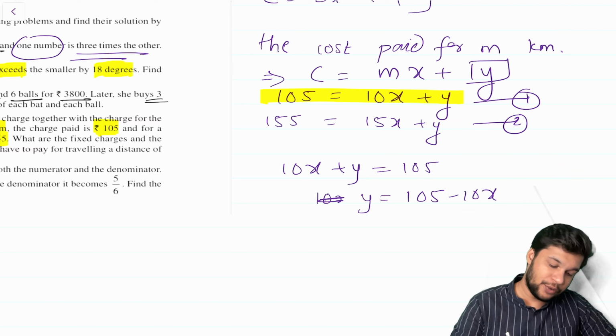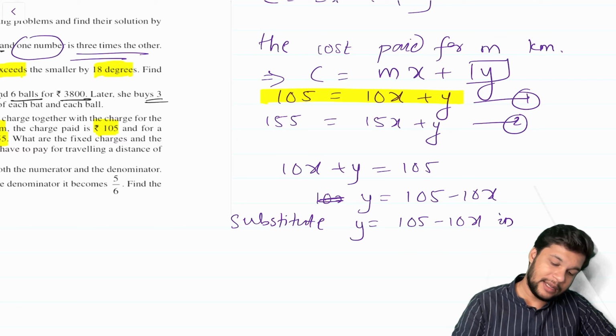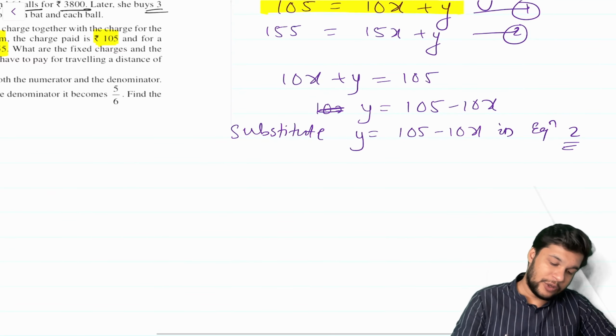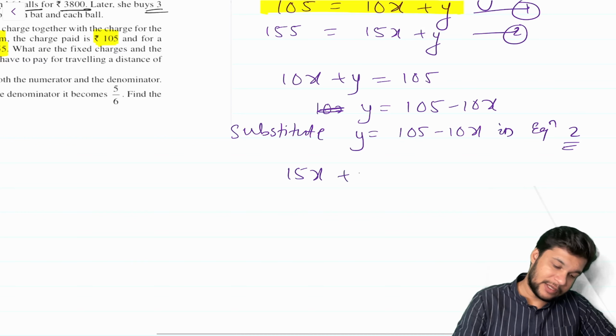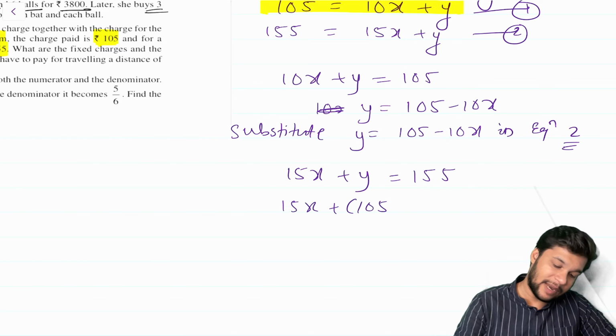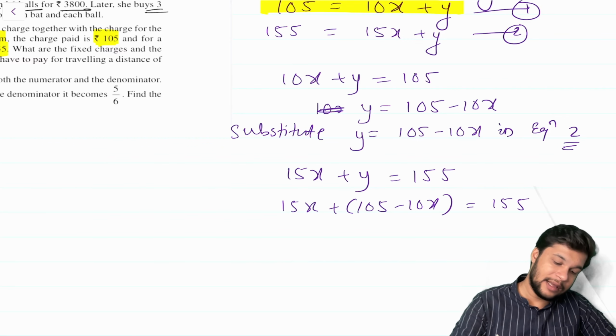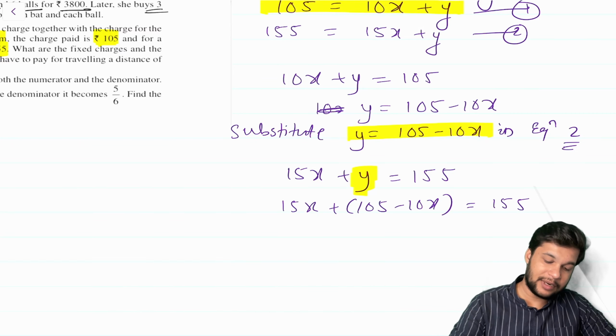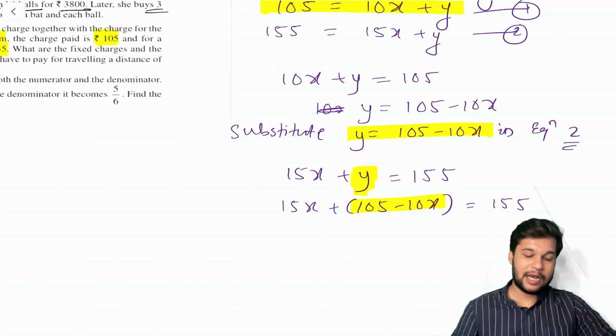सो सब्सटीट्यूट y इक्वल टू 105 माइनस 10x in equation 2. So 15x plus y equal to 155. 15x plus 105 minus 10x equal to 155. मैंने क्या किया? मैंने y को यहाँ पर सब्स्टिट्यूट कर दिया.